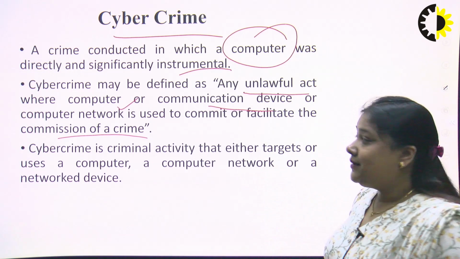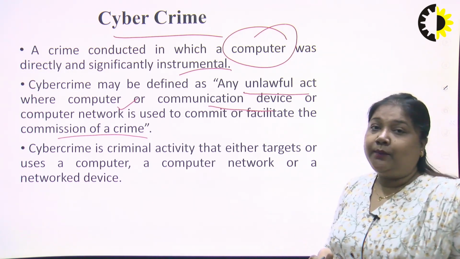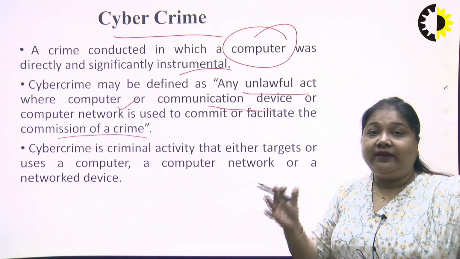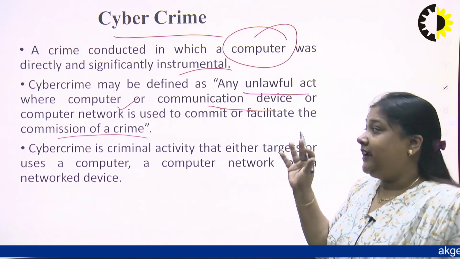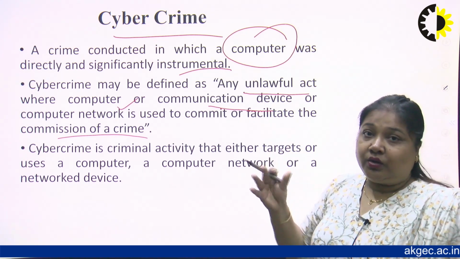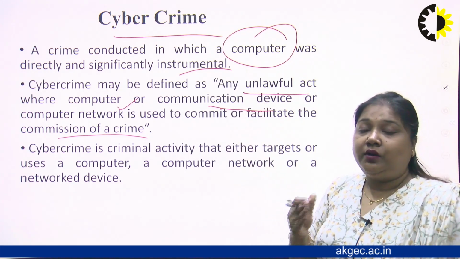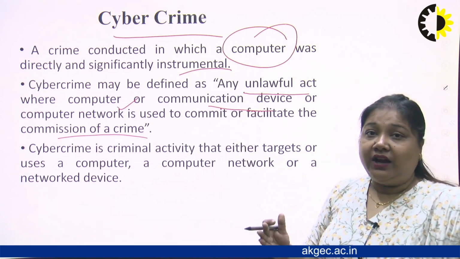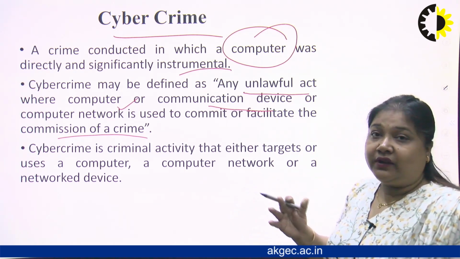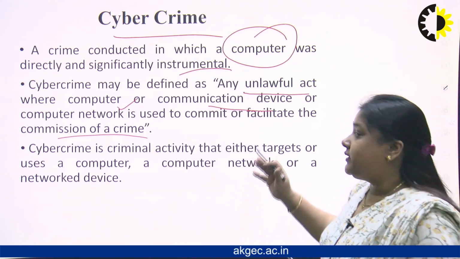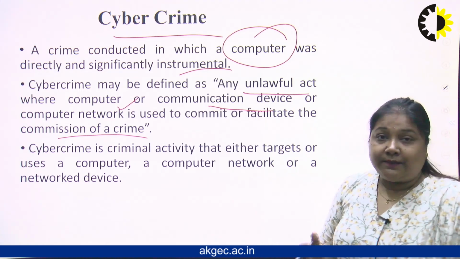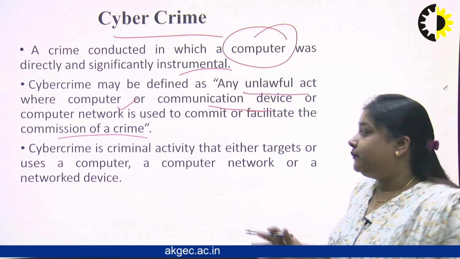With the help of computers, networks and the internet, hackers can disrupt the normal functionalities of an organization or an application. That is called cybercrime. So cybercrime is a criminal activity.